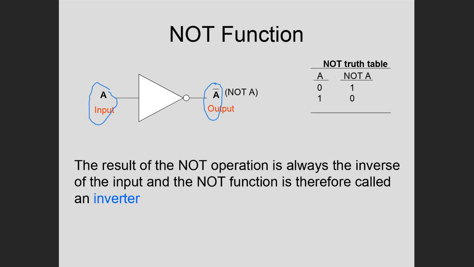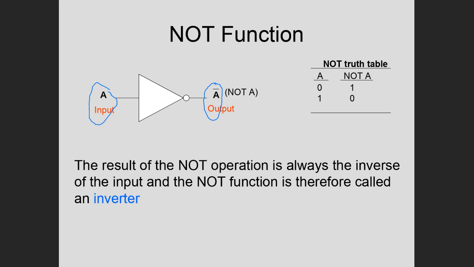Remember, we're dealing with binaries, so A can either be equal to a 0 or equal to a 1. If A is equal to a 0, then any variable with a NOT over it will take the bit and flip it to the opposite bit. So if A equals 0, then when it goes through the inverter, NOT A is a 1. If A equals a 1, then NOT A would be a 0.